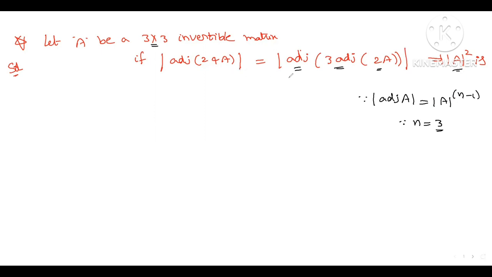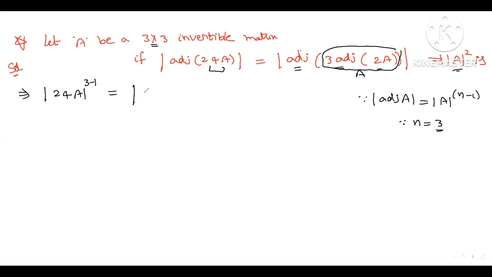Now apply this formula. Here 24A is there. So det of 24A power n minus 1, 3 minus 1, is equal to. Okay, now we should apply the same formula here. Let us take this total matrix as A. 3 adjoint of 2A placed in A, det of adjoint of A. Now applying the same formula, what we get here?